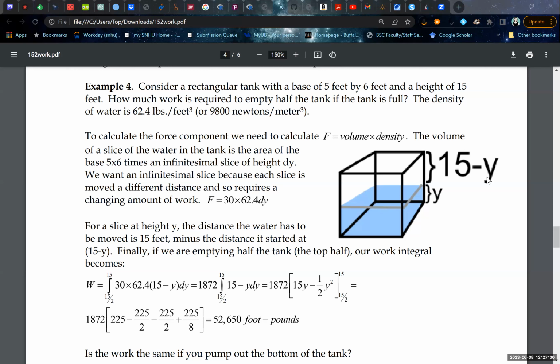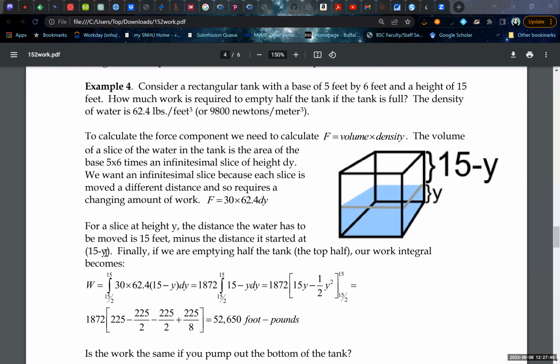So if you're at the very bottom of the tank, you have to travel the whole 15 feet. If you're halfway up the tank, you only have to travel 7.5 more feet to get over the top of the tank. So that distance that you have to travel, I'm measuring as 15 minus y.